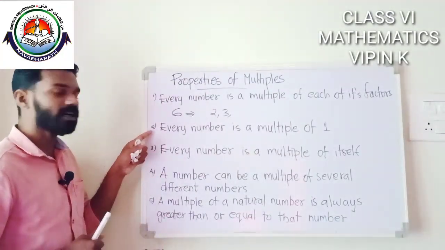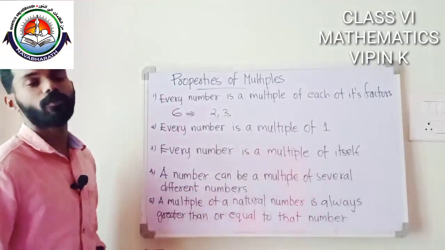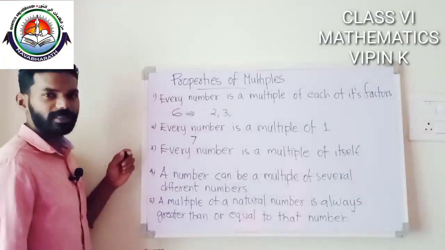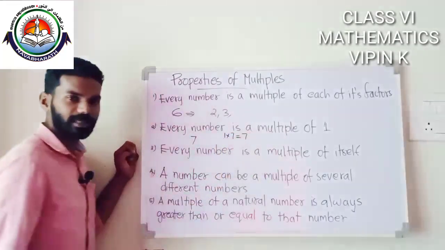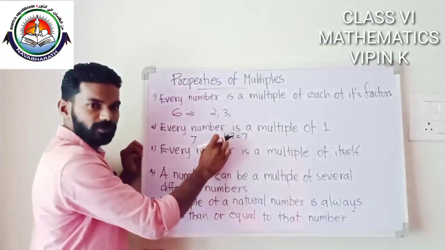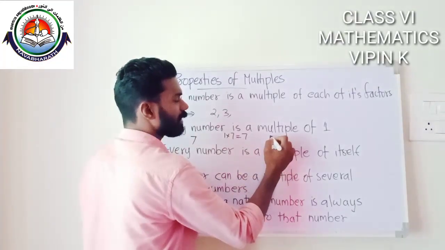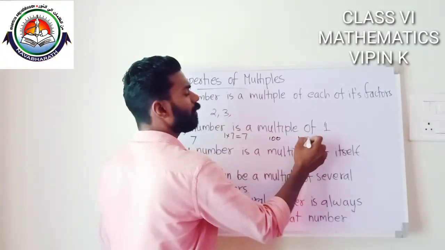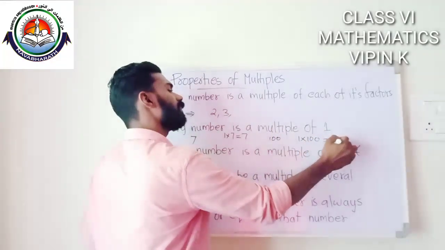Now let's check the second property. Every number is a multiple of 1. Suppose I am taking the number 7. You can say 1 into 7. What would be the answer? 7 itself. So 7 is a multiple of 1, the 7th multiple. Let's take the number 100. 1 into 100, the 100th multiple of 1, is 100 itself.